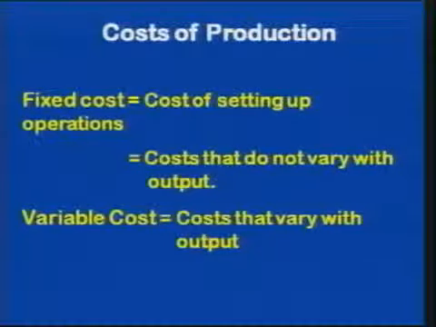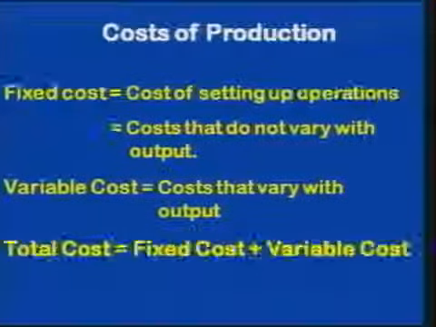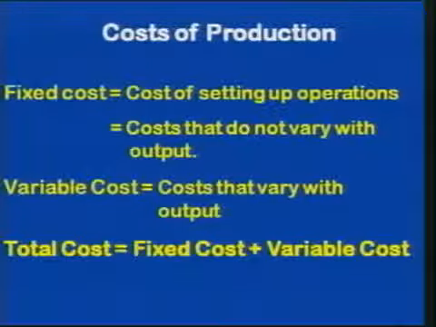So as you produce more, you have to spend more money, either on the material or other input. So that's a variable cost. So then the final equation is purely accounting: the total cost is adding fixed cost and the variable cost together. Okay? So everyone is clear with these two concepts? Okay.